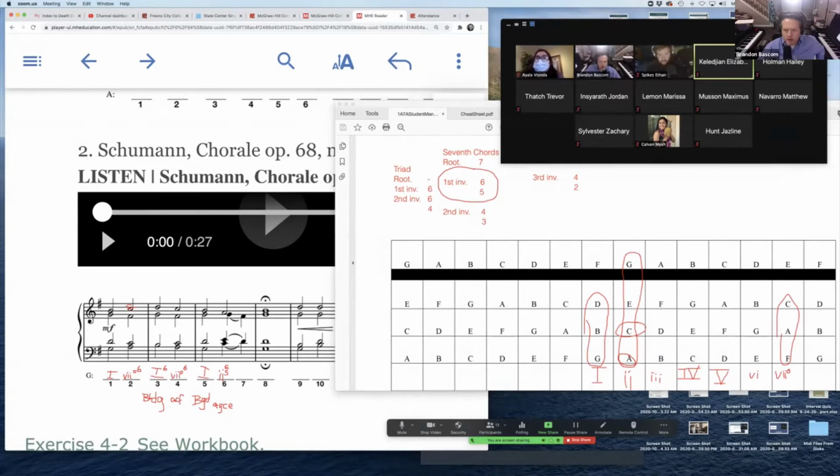All right, Haley, you got the next one. We got D, F sharp, and remember that this A is going to hold over. So what kind of chord do we have, Haley?